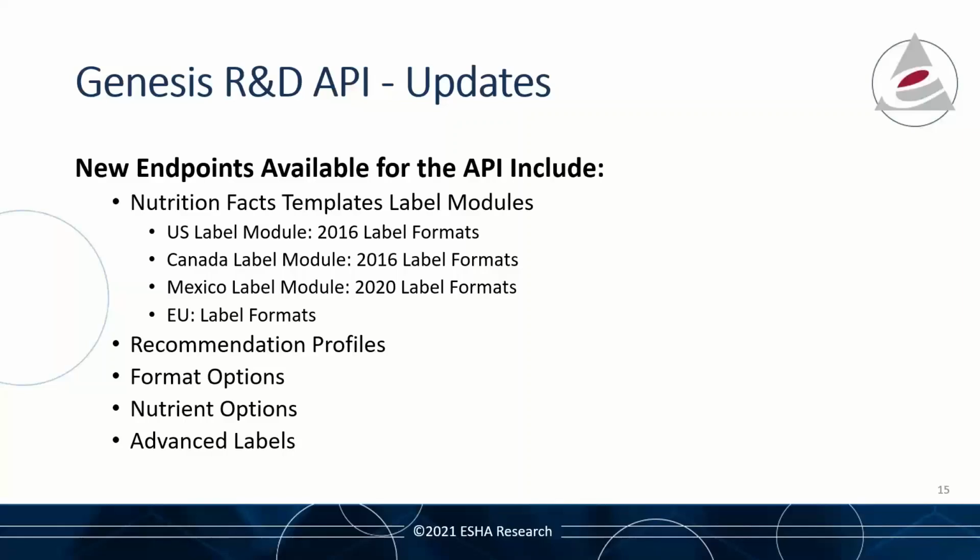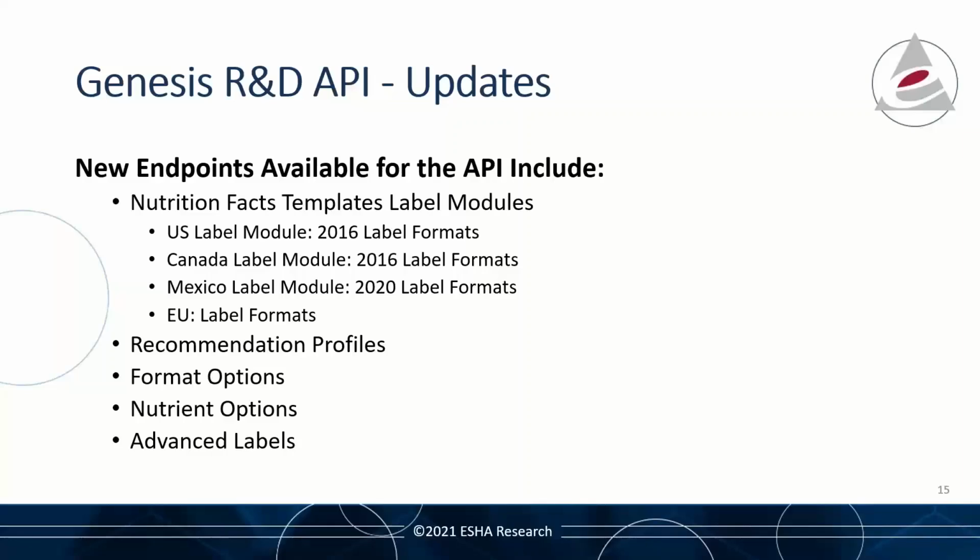So you can say, I want the Canadian label, the US label, etc. You can also define with that tool now the recommendation profiles, the format options, nutrient options, and or the advanced label you want. Prior to this, it was basically based on whatever label settings you had in Genesis left on, and now we've improved it so you can define that through the call.